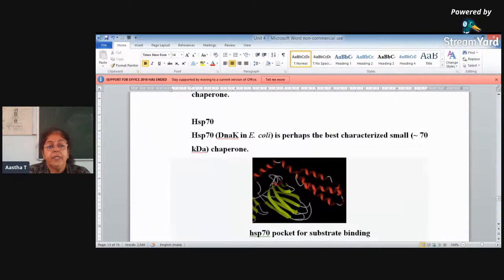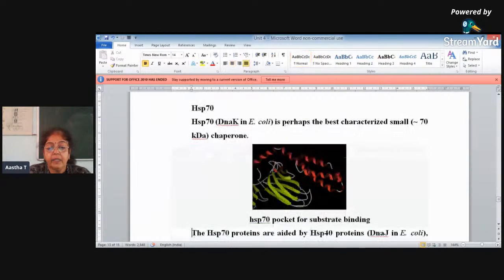Next is HSP70. It is known as DnaK in E. coli, and it is the best characterized small chaperone, of only 70 kilodaltons. It looks like this. This is the image of HSP70, with a pocket-like structure here. Okay, so that is HSP70.